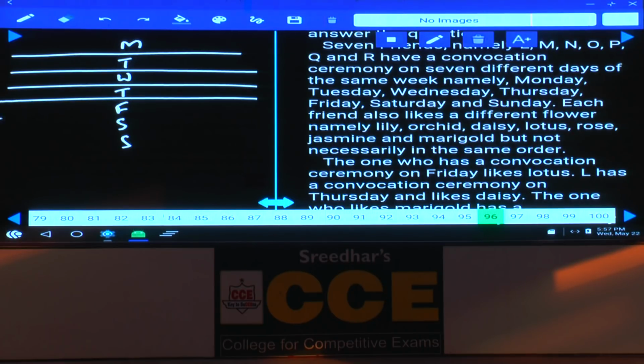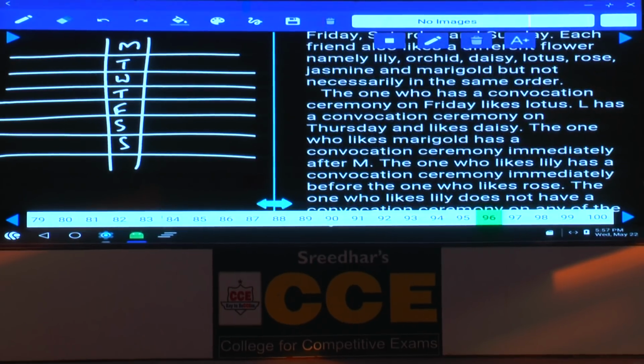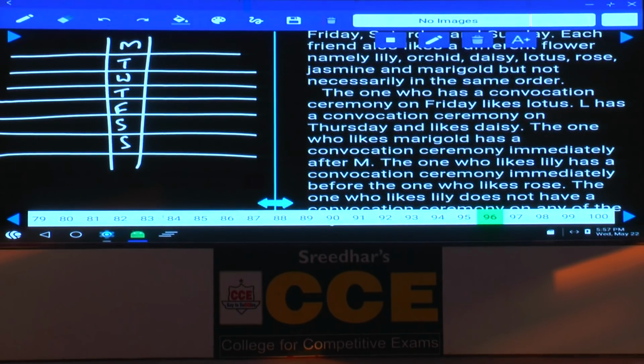Then as condition number 1, the one who has a convocation ceremony on Friday likes Lotus. Friday is Lotus. And L has a convocation ceremony on Thursday. L is Thursday and likes Daisy.